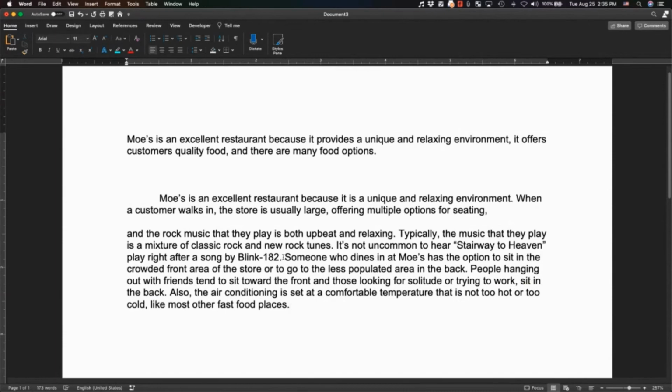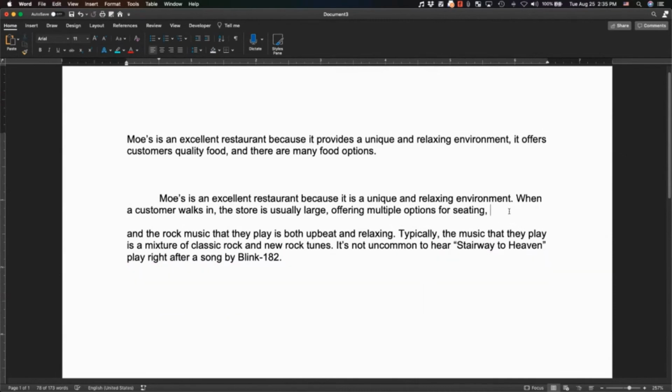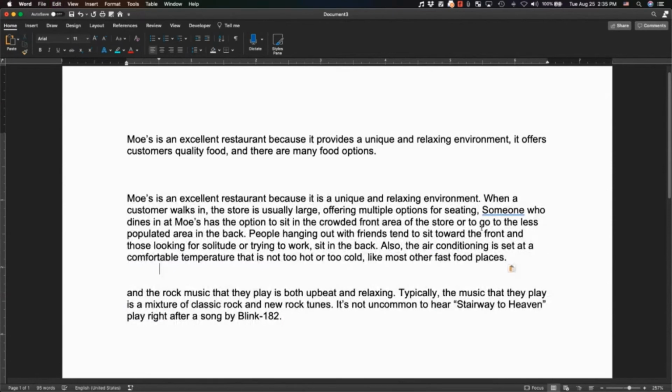So let's take this back, right? Because all of these things refer to this sort of physicality of the restaurant, right? So let's cut it and paste it up here. And let's address this first.